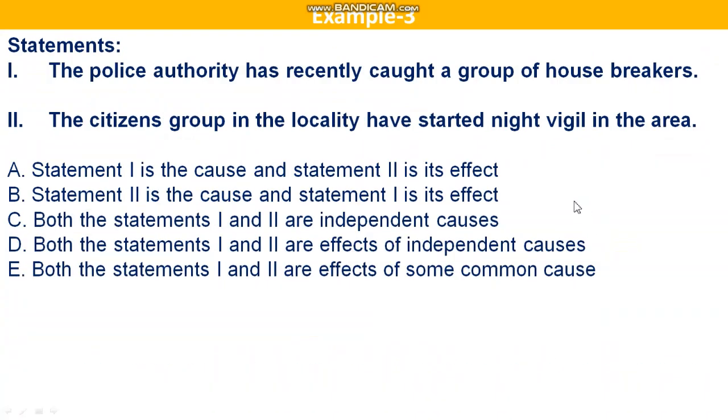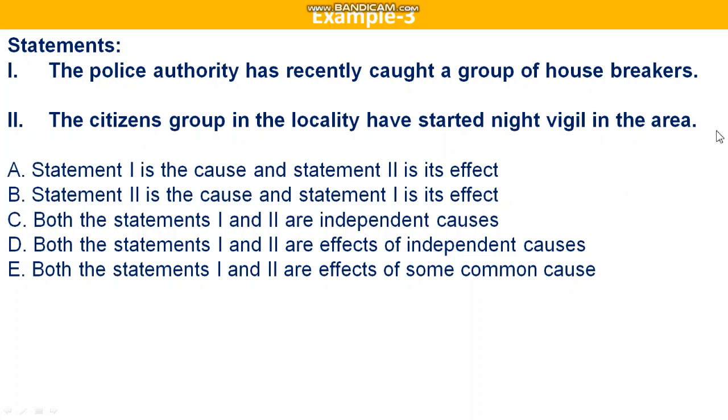Example 3. Please pause the video and think about this. Okay. Number 1, the police authority has recently caught a group of housebreakers. Number 2, the citizen group in the locality has started night vigil in the area.